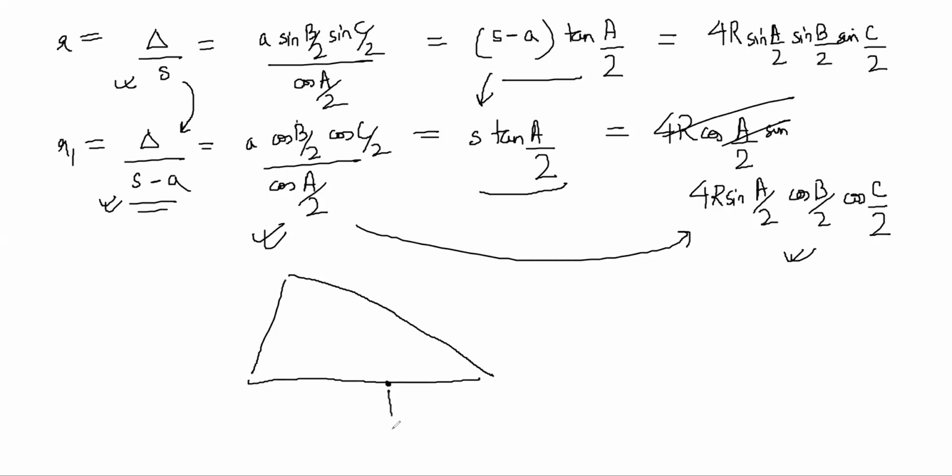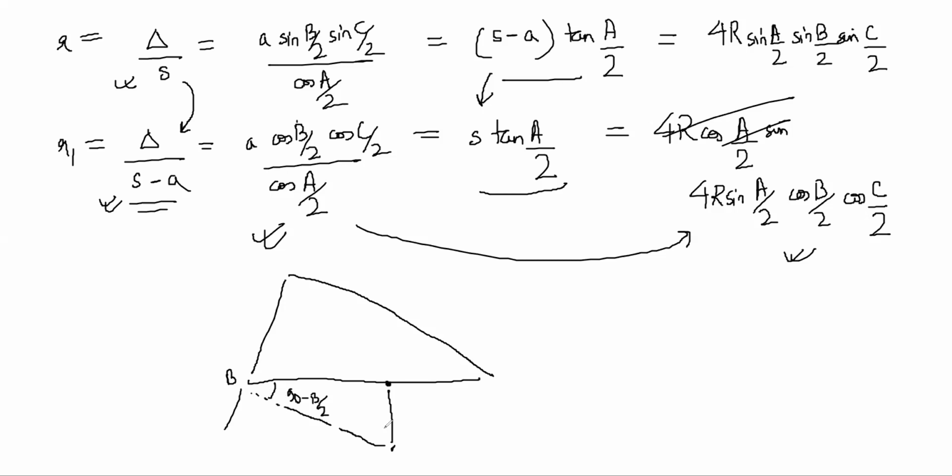We have something like this. This angle was B, and this is 180 minus B, so this is 90 minus B/2. So we have tan of 90 minus B/2, or cot of 90 minus B/2, is what?